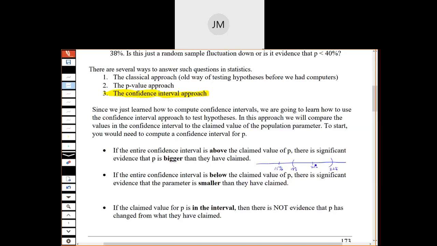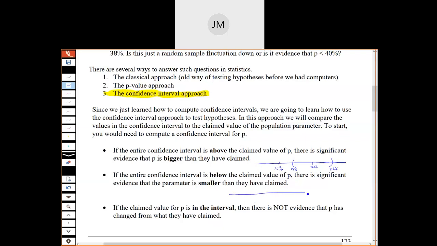Our sample tells us it's 20, but we know that our sample isn't exactly the same as the population, but it gives us strong evidence that it's somewhere in this 18 to 22% range. So that gives us something to base our claim off of. If the whole interval is below the claimed value of p, then there's significant evidence that the parameter is smaller. That's the same idea except on the other side.